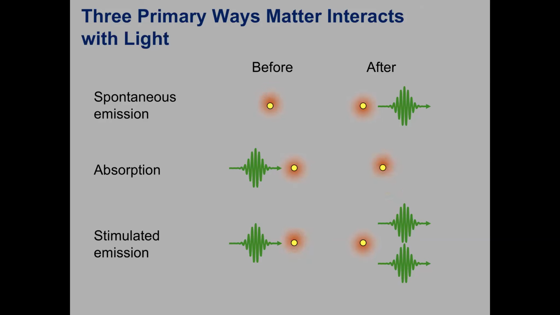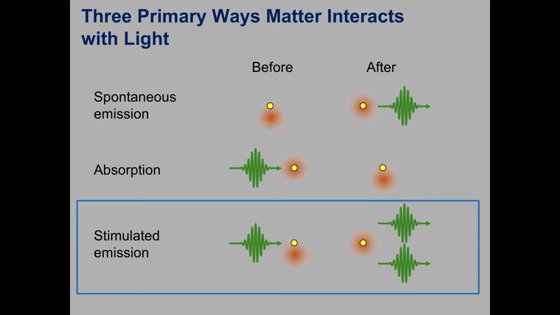Of course, we need to have the energy levels aligned, so a photon being given off at that frequency is possible, but assuming all of that is the case, we can get this process called stimulated emission going. We just need a photon of the right frequency in the right direction. So this is what we're going to talk about this week, and how we can use this to amplify light.